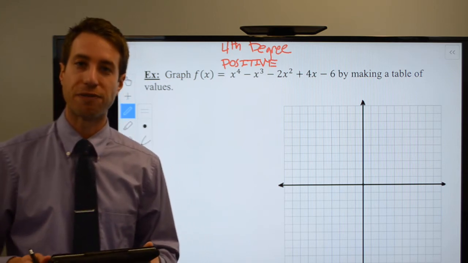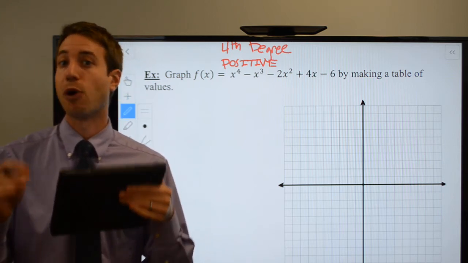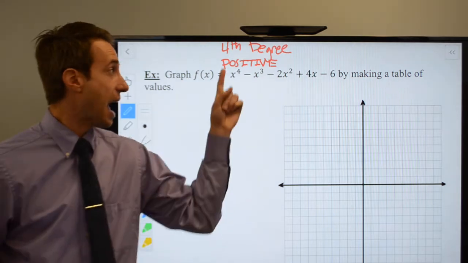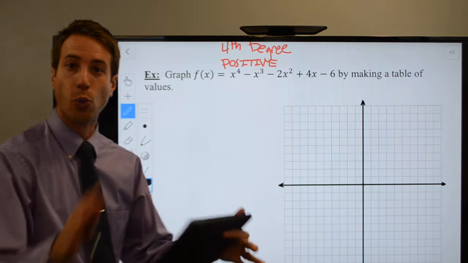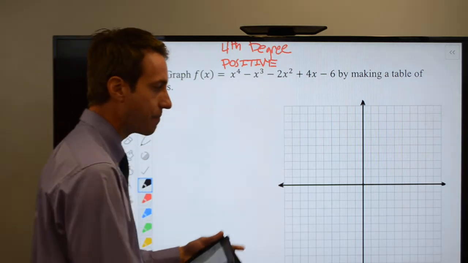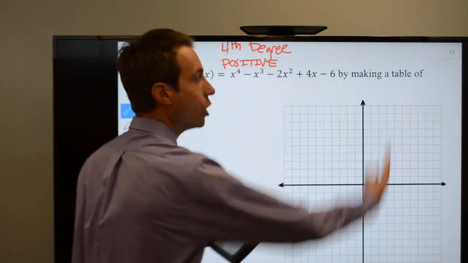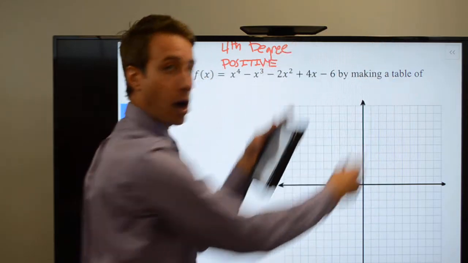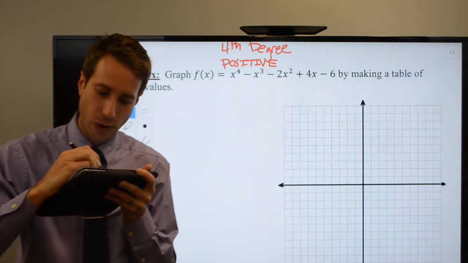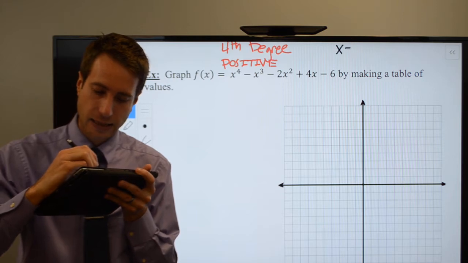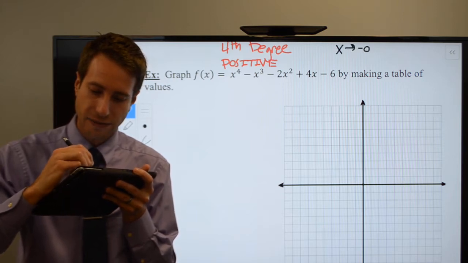Positive leading coefficient, so 4th degree even means both ends go in the same direction, and the positive leading coefficient means that both ends will actually go to positive infinity. So when I get done graphing this, both ends of my polynomial should be headed to positive infinity. All right, both ends are going to go up. So that means I can write out this as x approaches negative infinity.